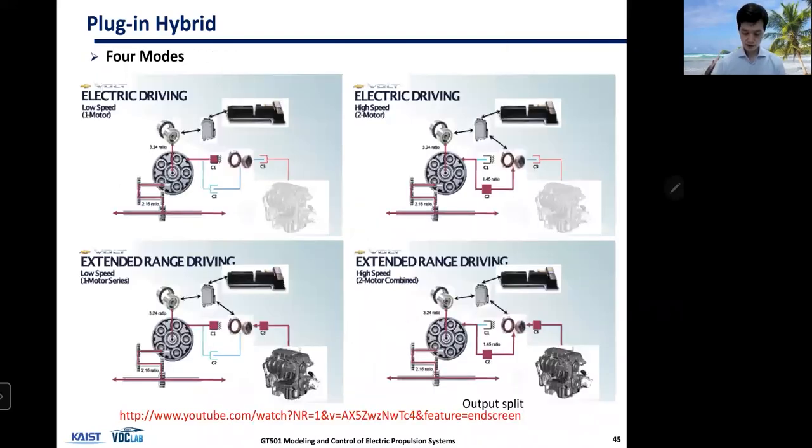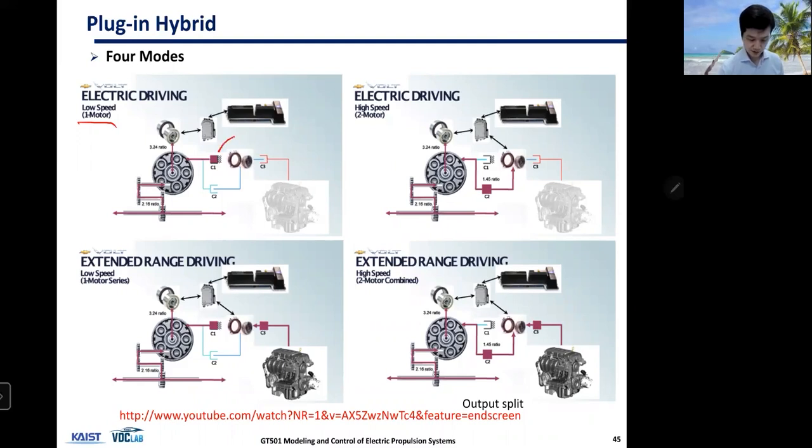So this was a very brilliant idea. Let's take a closer look at each mode. For low speed 1-motor EV mode, you just need to engage this brake.